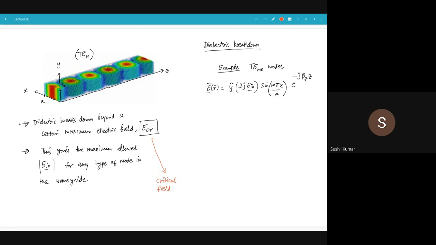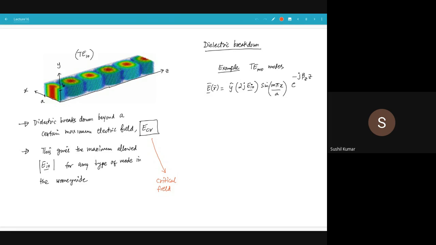What's the wavelength along y? What's lambda y for this TE10 mode? Is it changing at all? Lambda y is not 0, it's infinity. What's lambda z? Lambda z is whatever is left over. So their squares added together, their inverse, has to be 1 over lambda medium. Whichever mode you take, the higher order modes will have some lambda in there.